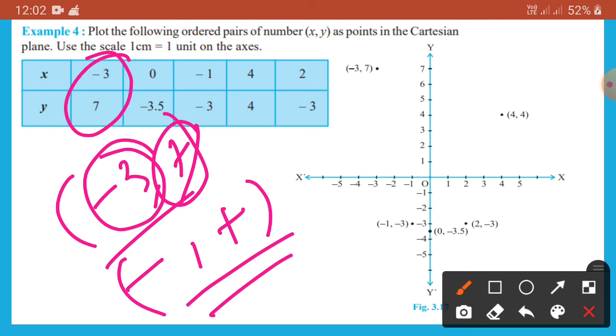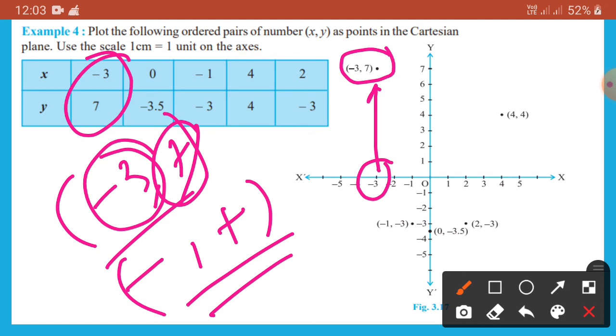Now the distance from the negative x-axis along the y-axis is 7, and the distance from the positive y-axis along the negative x-axis is 3 here. That's why the point here is (-3, 7).